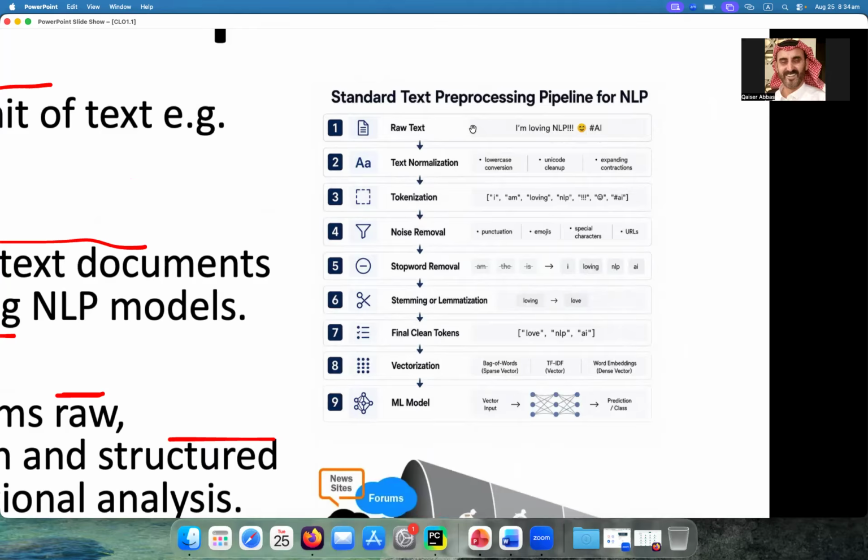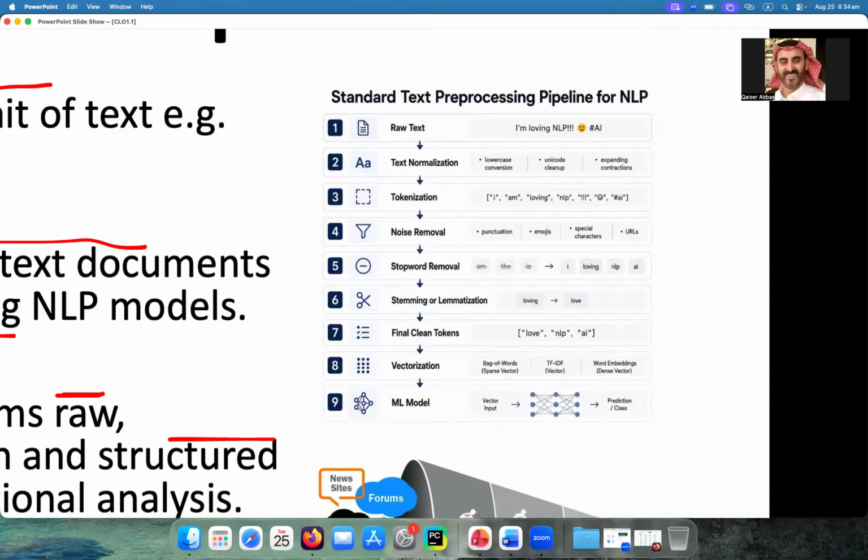This is raw text. And if you want to apply text processing, you have these steps: text normalization, tokenization, noise removal, stop word removal, stemming, lemmatization, final clean. Now 7, 8, 9 are not part of text processing. For LLMs, you cannot go on with the text here.